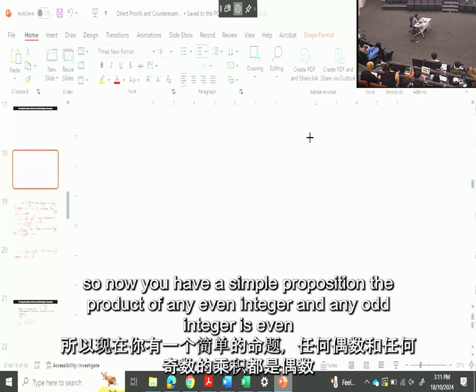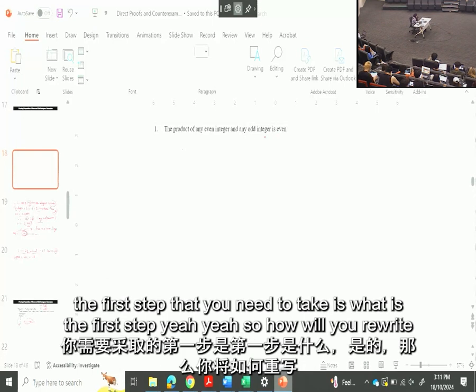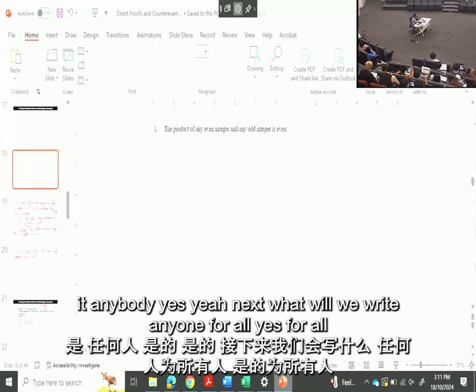Okay. So now you have a simple proposition. The product of any even integer and any odd integer is even. The first step that you need to take is, what is the first step? So how will you rewrite it?